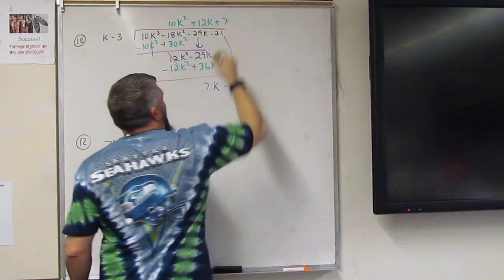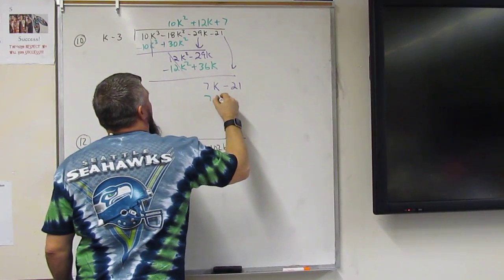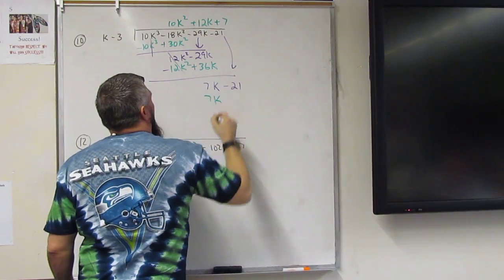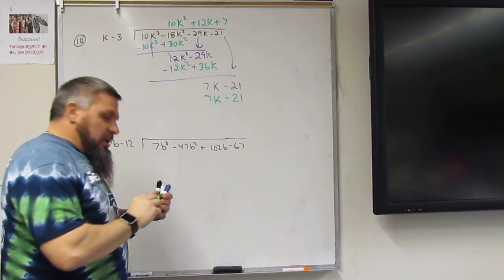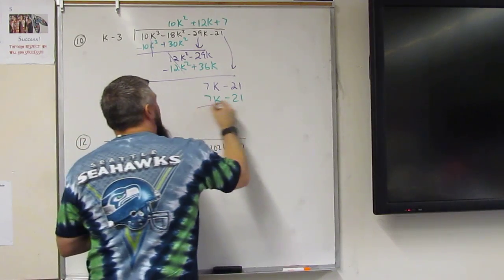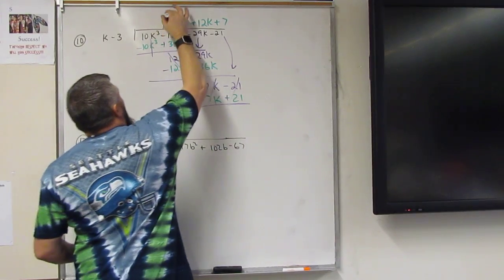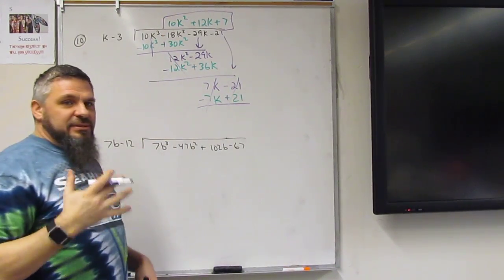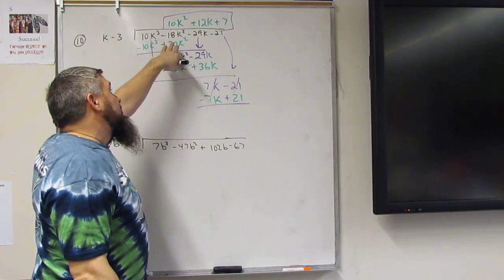So wouldn't that be 7? Right. So 7 times k is 7k. And then 7 times negative 3 is negative 21. Draw the line, change the signs, and these both cancel. And what this tells me is, since it cancels, this is a factor of this.